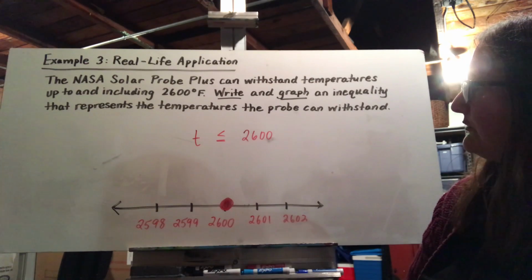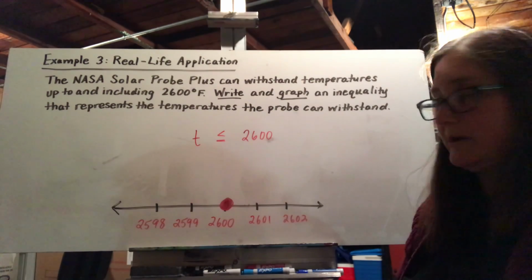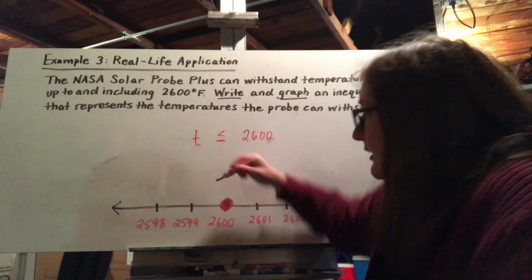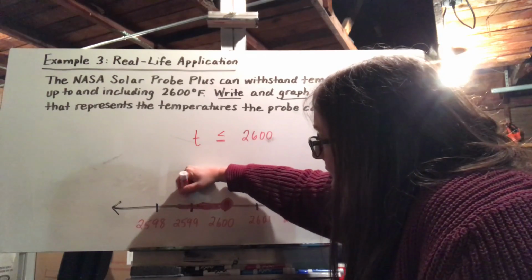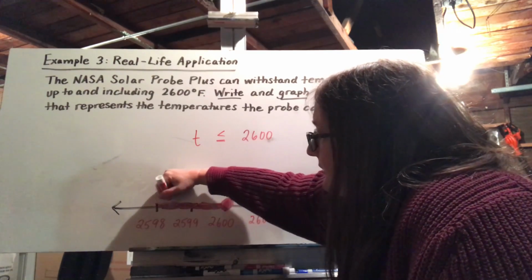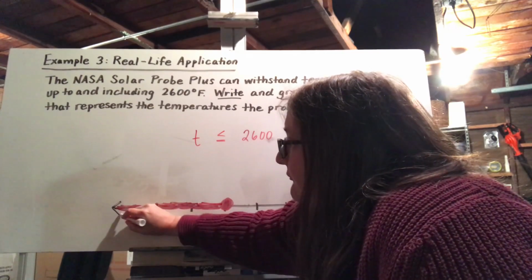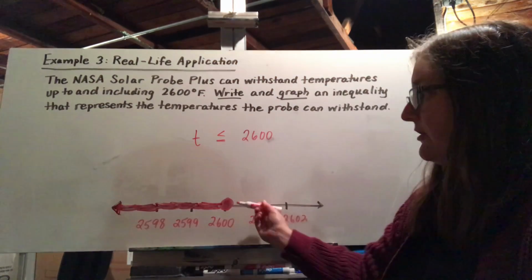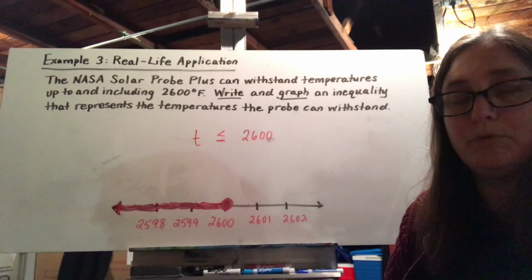Now, we said the temperatures have to be smaller than 2,600, so everything smaller on a number line is always to the left. So I'm going to shade everything to the left, including my arrow, which will even look a little larger than the arrow on the other side. And now I have graphed all the solutions. Anything going this way, including 2,600, is a temperature the probe can withstand.